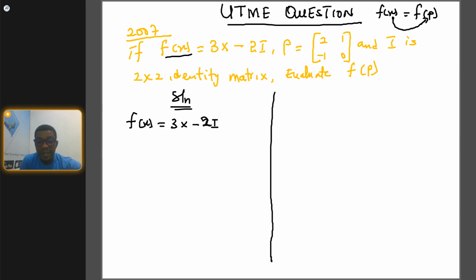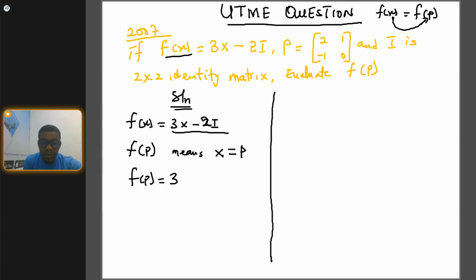And that implies that in this expression, anywhere we have x, we change it with letter P. So we are going to have f of P equals 3P minus 2I. So this is what we're actually solving.